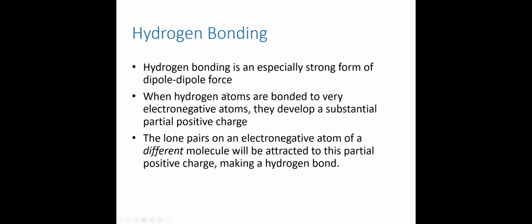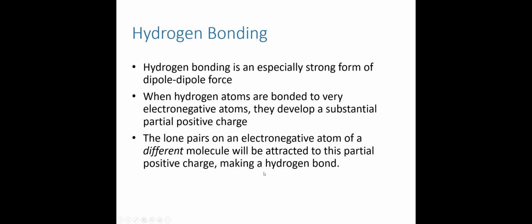And since these are so partially positive, any electronegative atoms on other molecules are going to be very attracted to those, and they will form what we call a hydrogen bond. One more time, it is not really a bond, it is an attraction between different molecules.